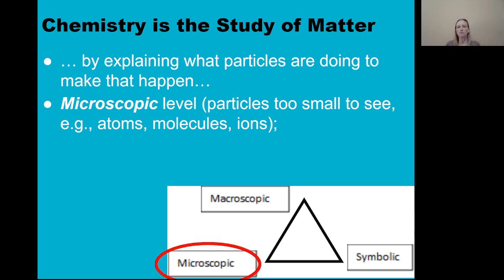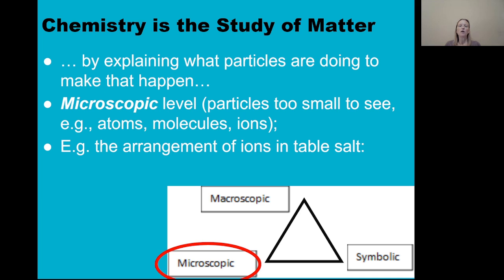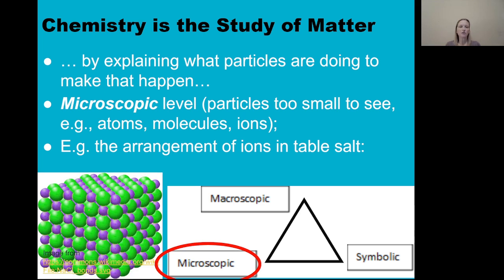What's happening with these particles? In the case of table salt, it is made up of ions, and we haven't learned about these yet, but you can see here that I've got some particles with positive charge, some particles with a negative charge. And you know from previous science classes that opposite charges attract. So all the negative ions are surrounded by positive ions, all the positive ions are surrounded by negative ions, and you can see that when you make this repeating pattern, you do get a cube shape.